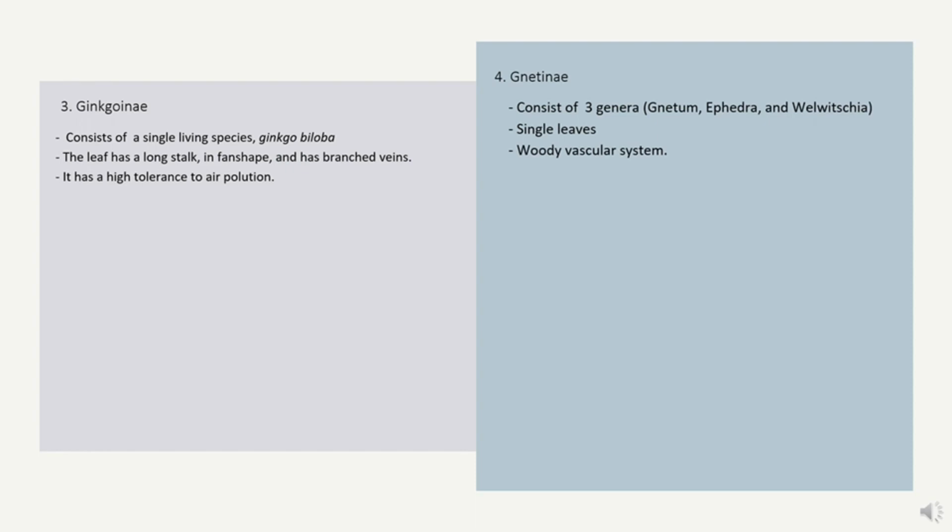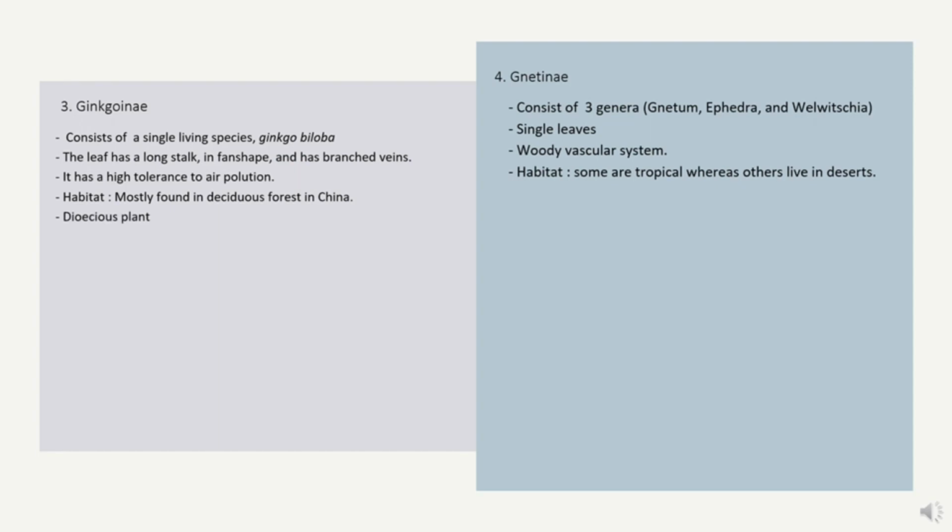So Gnetinae are unique gymnosperms that are very similar to angiosperms due to conducting cells or vessel elements in their wood. And the next is habitat. Mostly Ginkgoinae are found in deciduous forests in China. And for Gnetinae, some are tropical whereas others live in deserts.